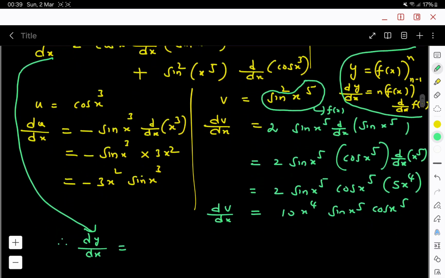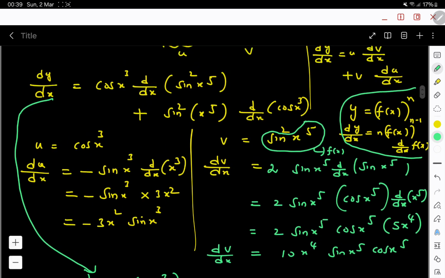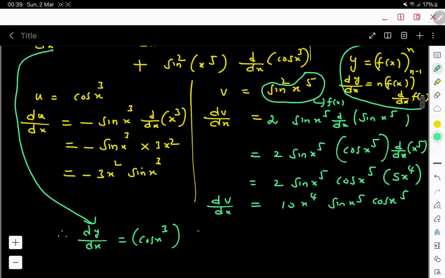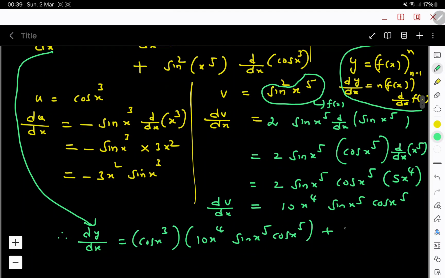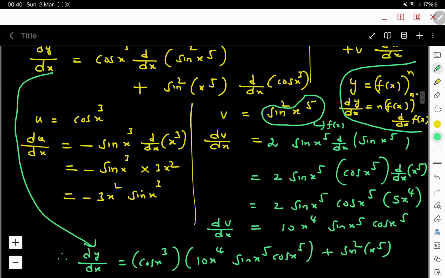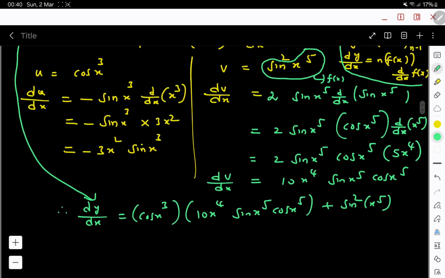So I first write cos x cube, d by dx of sin square x power 5, this one, so 10x power 4 sin x power 5 cos x power 5 plus v, that is sin square x power 5, d by dx of cos x cube is minus 3x square sin x cube.